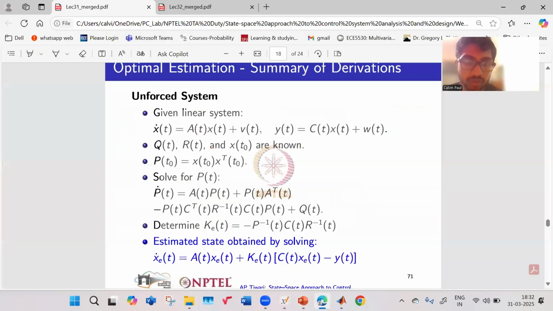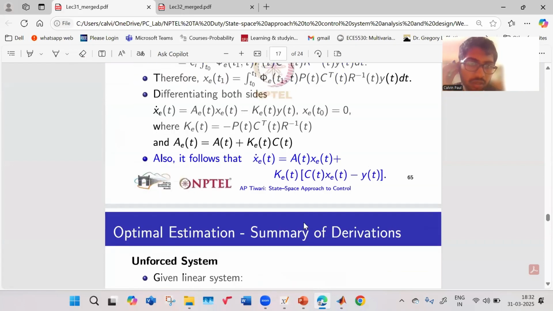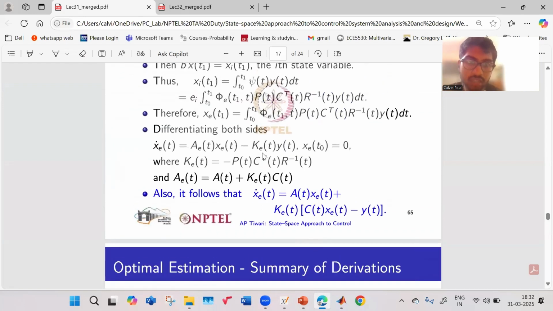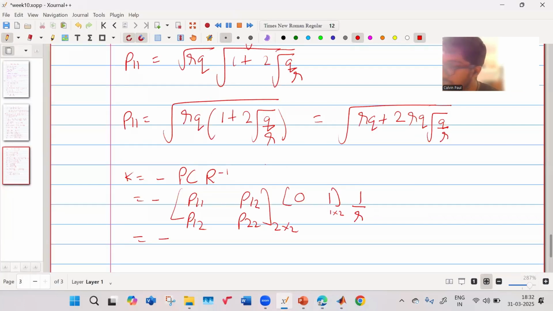Mistake. It should be P C transpose into R inverse. Oh, this is C transpose. Okay. So this will be minus P C transpose R inverse. This will change to 0, 1, so the 2 will be 1 here.